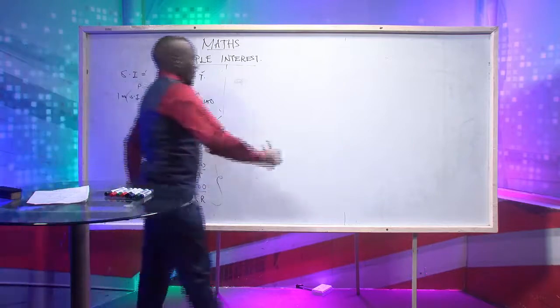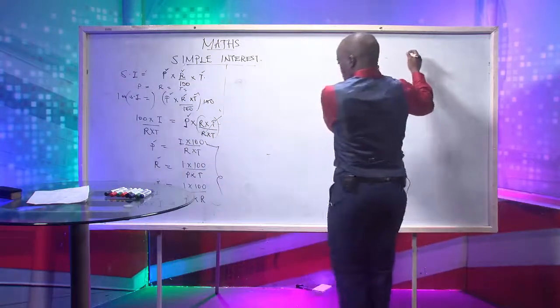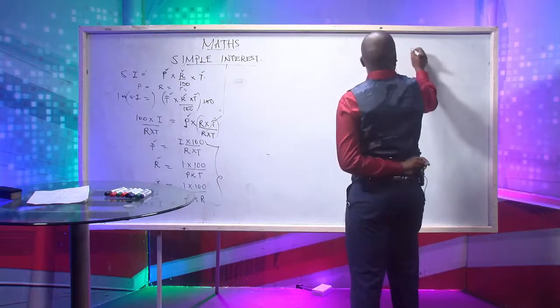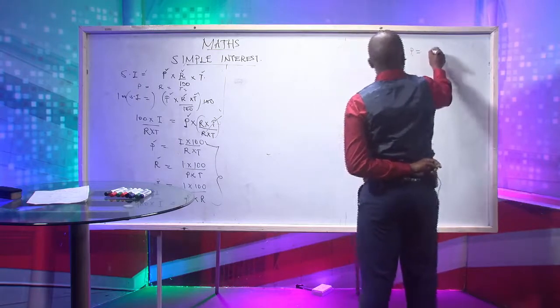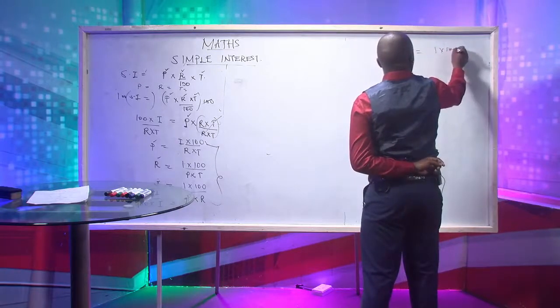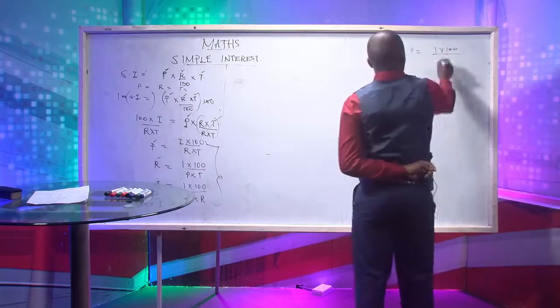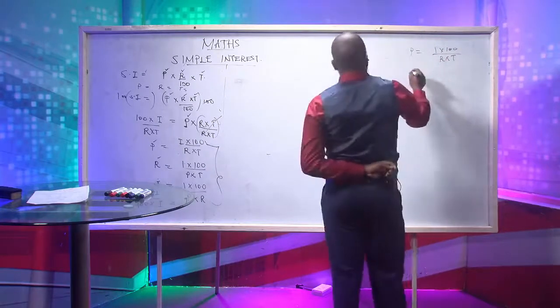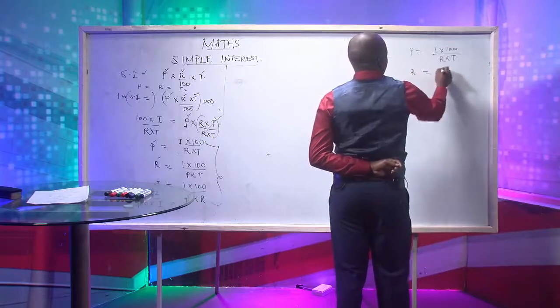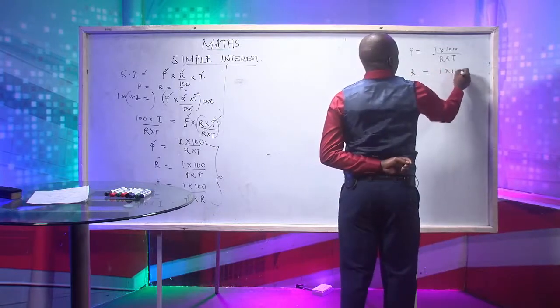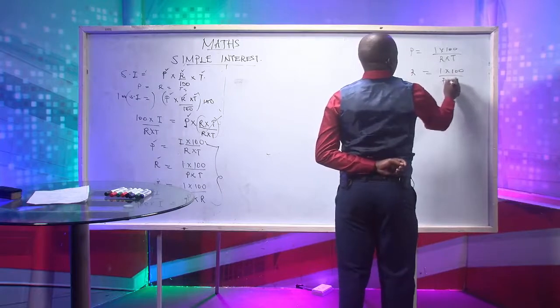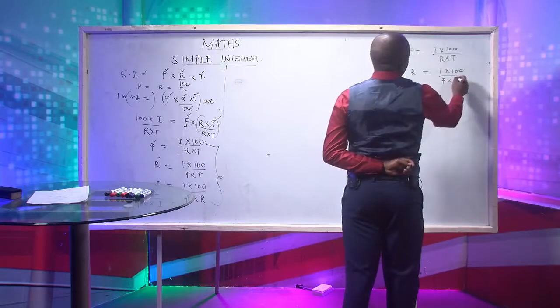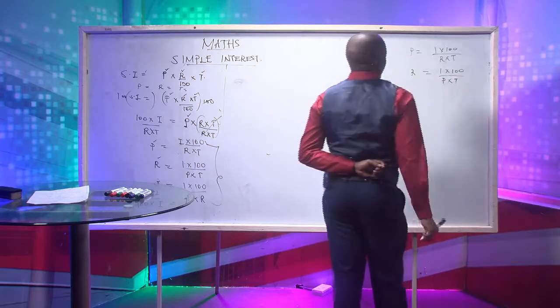Let me write them somewhere. That principal is equal to interest times 100 over rate times time. And rate is equal to interest times 100 over principal times time.